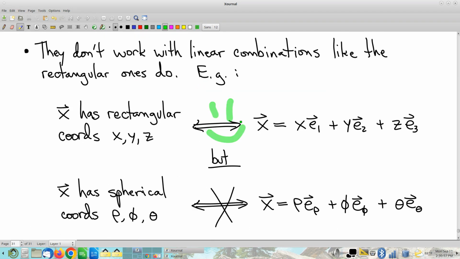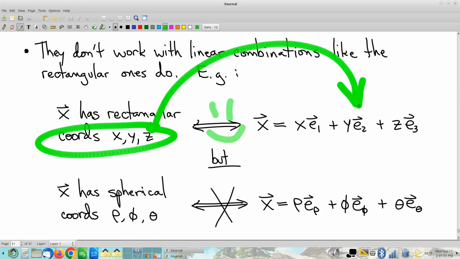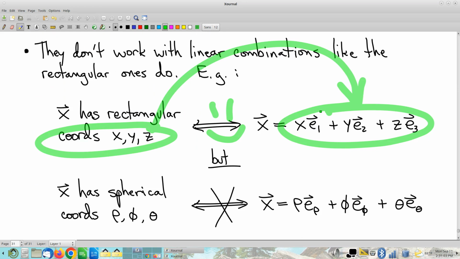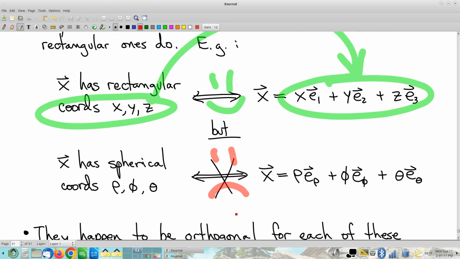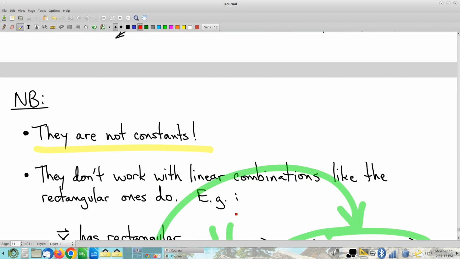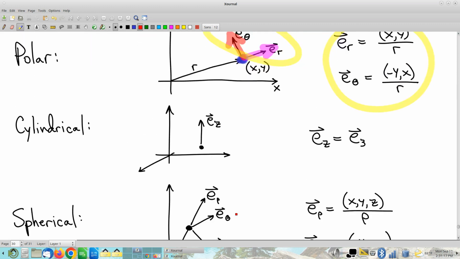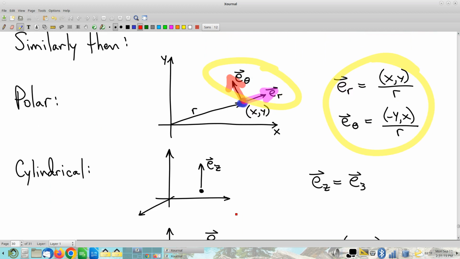You have this wonderful relationship between coordinates and linear combinations in rectangular coordinates. You gotta love rectangular coordinates. No such luck in, let's say, spherical coordinates. It just doesn't work, right? So don't overinterpret what these are, but there are some situations where they're useful. I don't anticipate that coming up in this course, but maybe in some future engineering class or something.